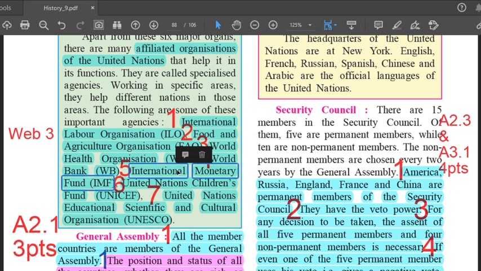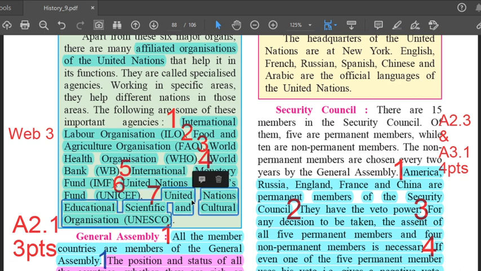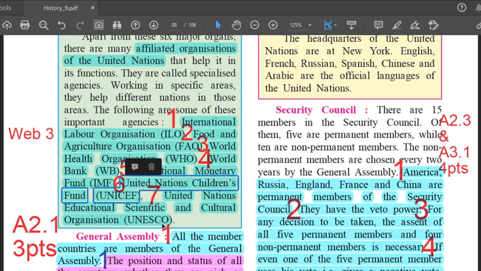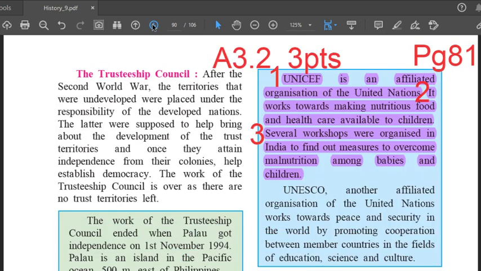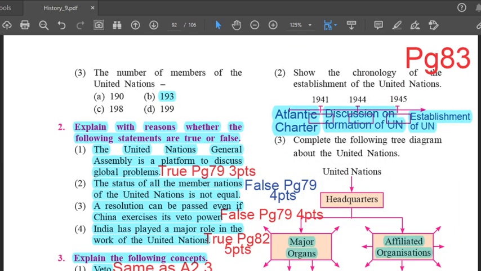Fifth, International Monetary Fund, IMF. Sixth, United Nations Children's Educational Fund, UNICEF. And the seventh and the last one is United Nations Educational, Scientific and Cultural Organization, that is the UNESCO. So in totality you have 7 affiliated organizations of the United Nations.